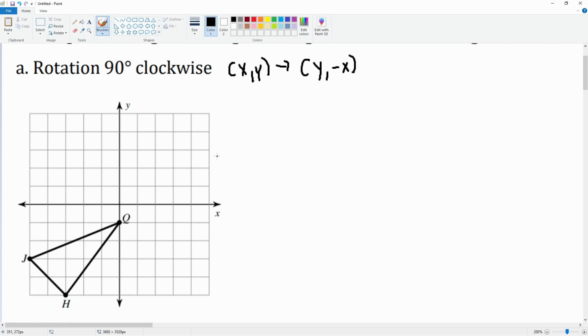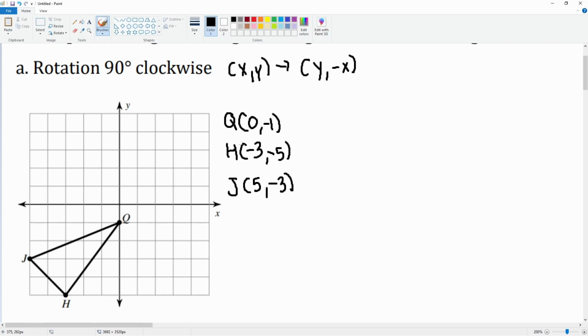All we have to do is grab our original points. Q was originally 0 in the x, -1 for the y. H is -3 for x, -3 for y, wait, H is at (-3, -5)... H is 1, 2, 3, -3 and then 1, 2, 3, 4, 5, -5. J is 5 comma 3.